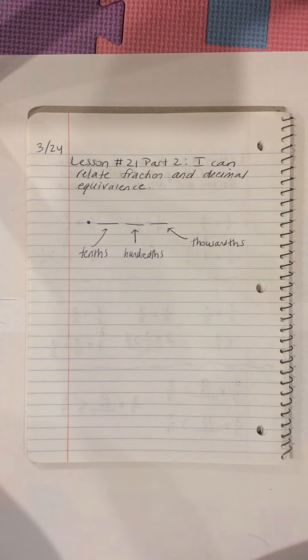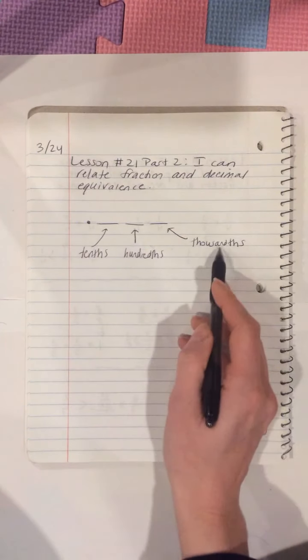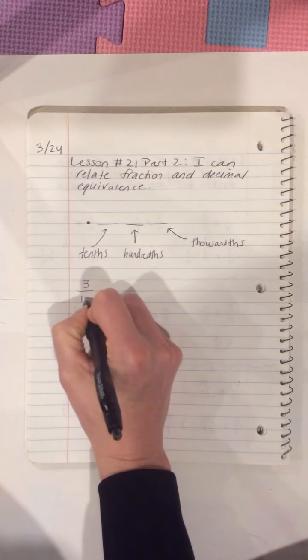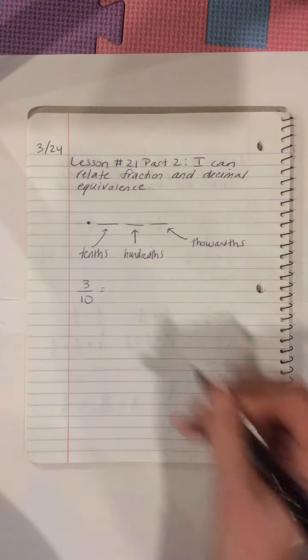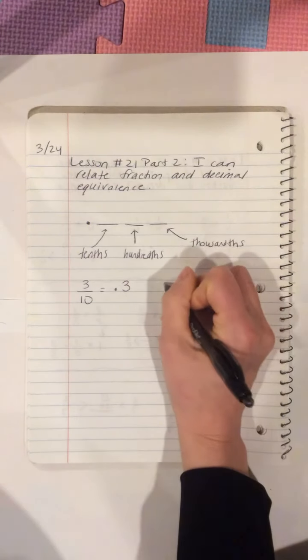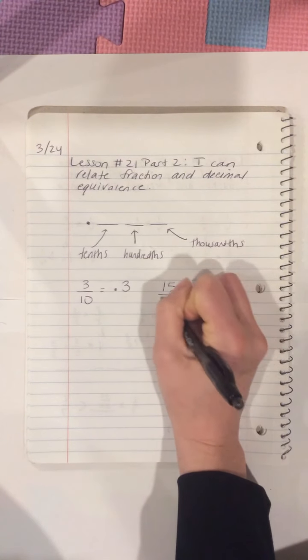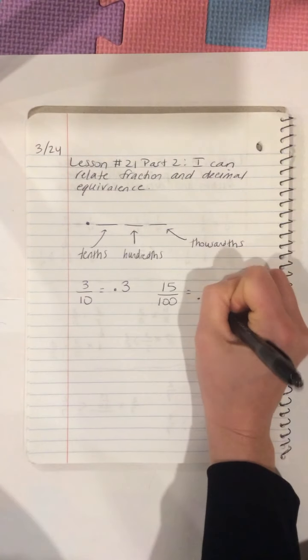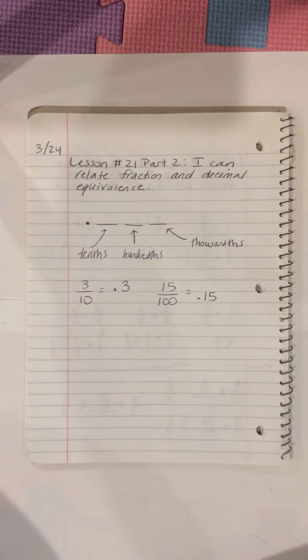So sometimes we have fractions that have a tenth, a hundredth, or a thousandth as the denominator, like 3/10. Turning that into a decimal is super easy. 3/10. Or let's say 15/100. Super easy to turn that into a decimal. 15 landing in the hundredths place, 15/100.